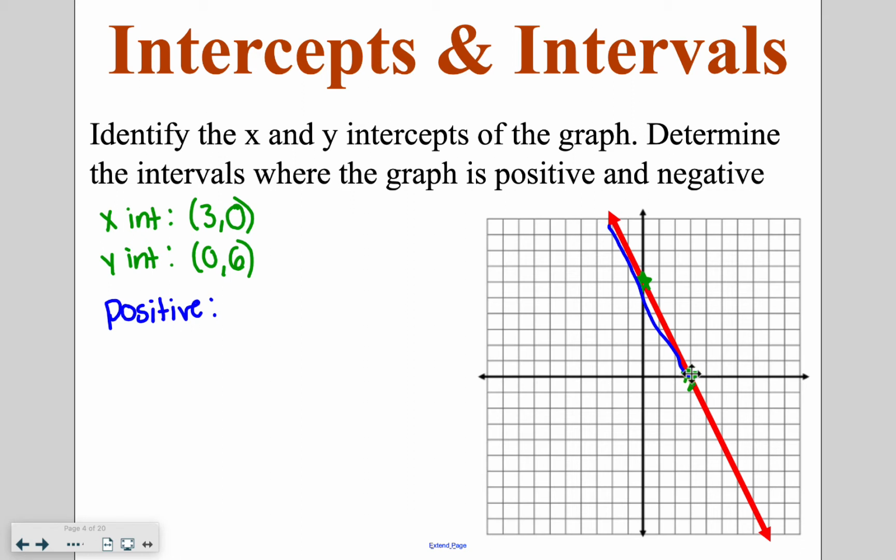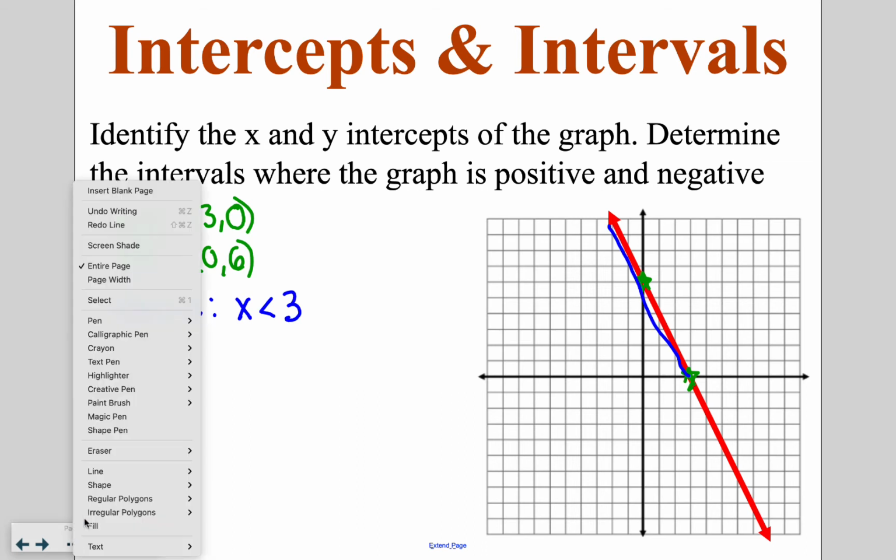So it starts where the graph crosses the x-axis and is moving to the left. In this case, the graph crossed the x-axis at 3, and moving to the left means that it's less than 3. So our positive part, our portion of the graph that is above the x-axis, is x less than 3. All of the values moving to the left.